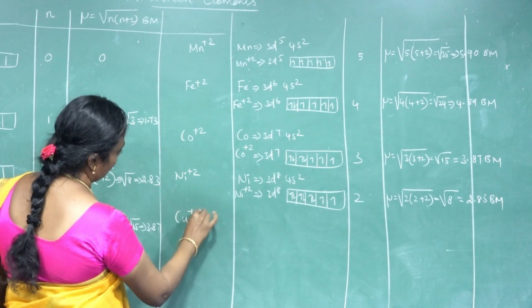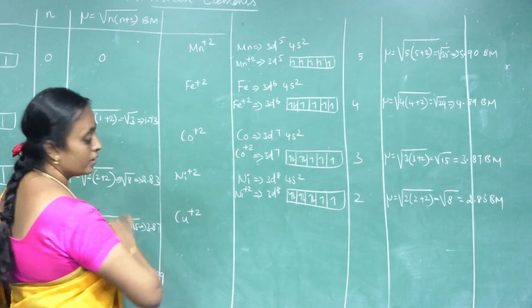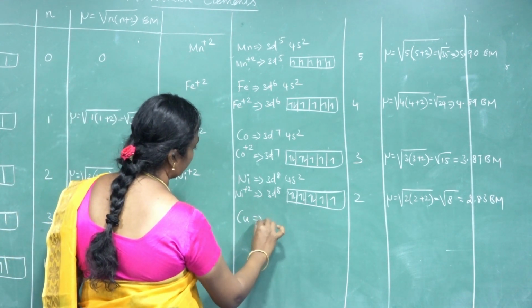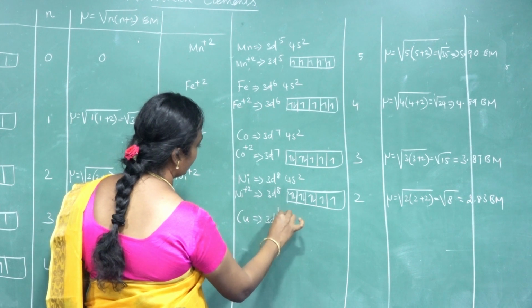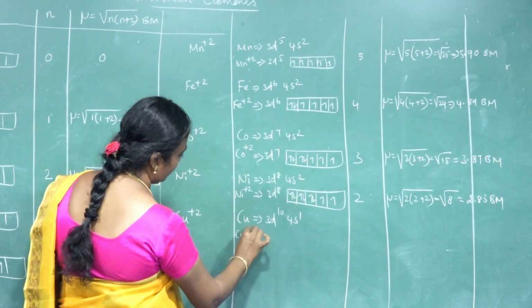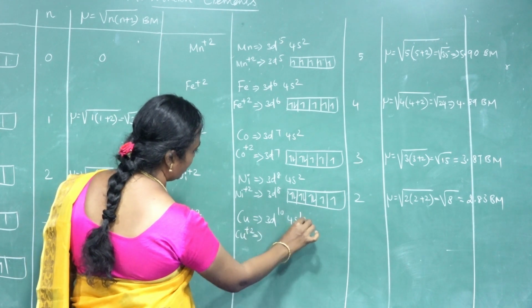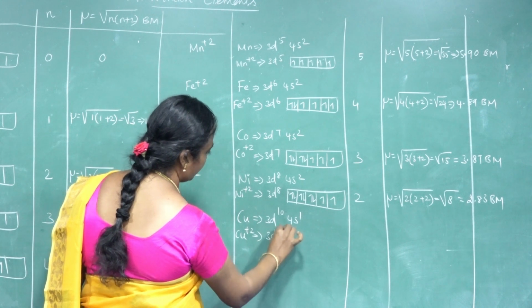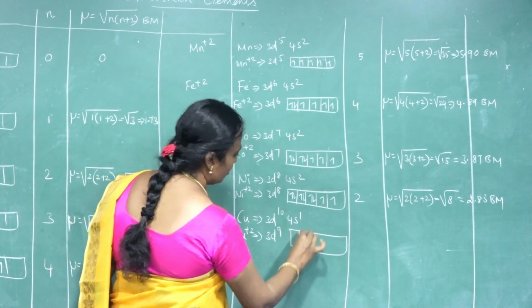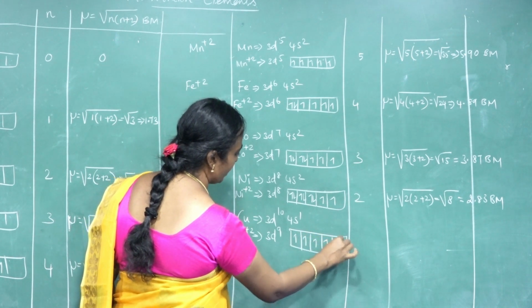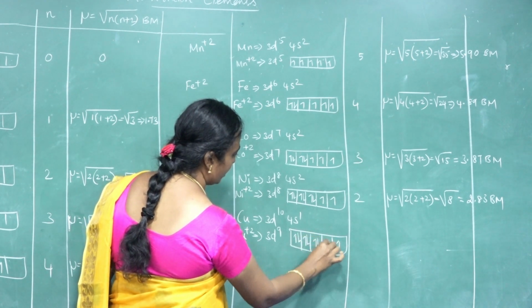copper, that is Cu plus 2. If you want to calculate for Cu plus 2, generally Cu is what? We are taking copper with 3d10 4s1 outer electronic configuration. For Cu plus 2, remove one electron here, one electron here, so 3d9. So the 9 electrons will be arranged in the d orbital. 1, 2, 3, 4, 5, 6, 7, 8, 9.